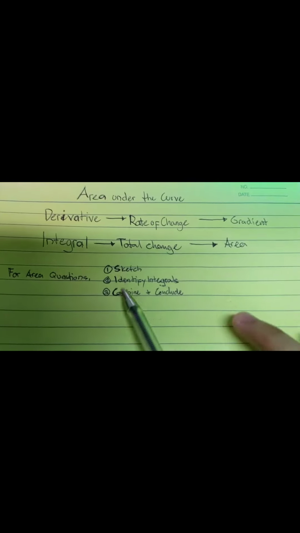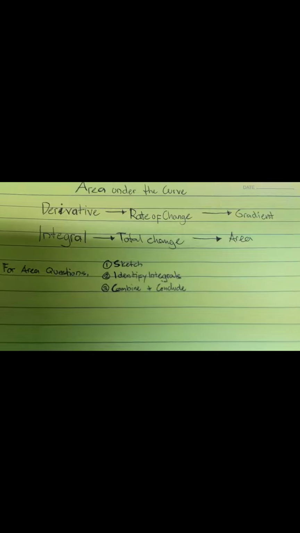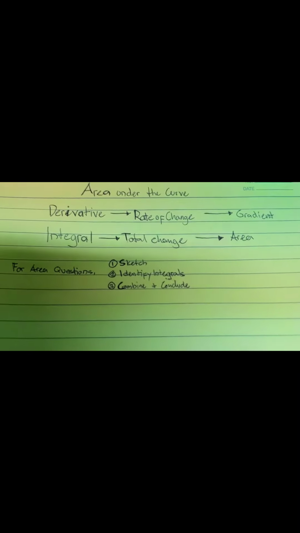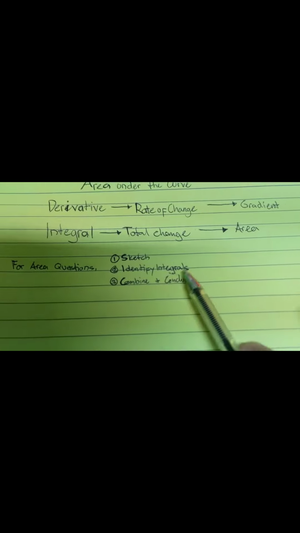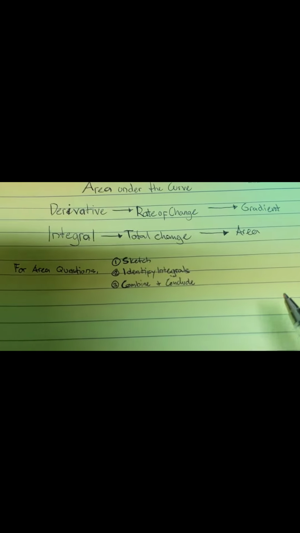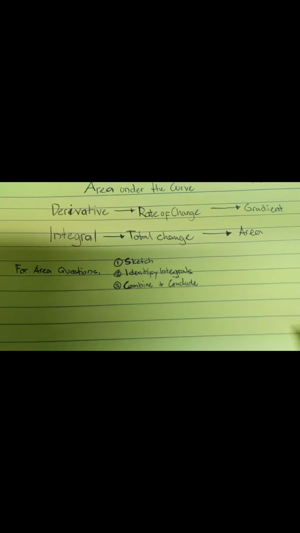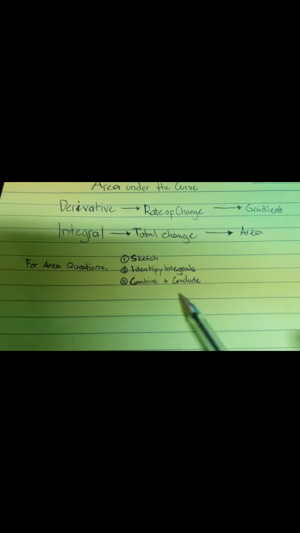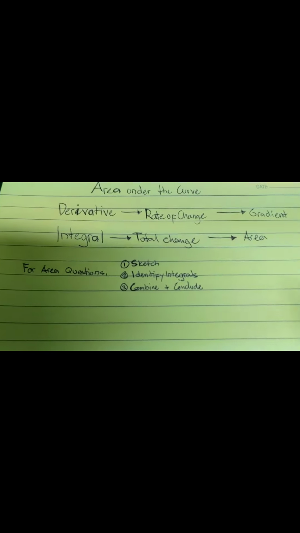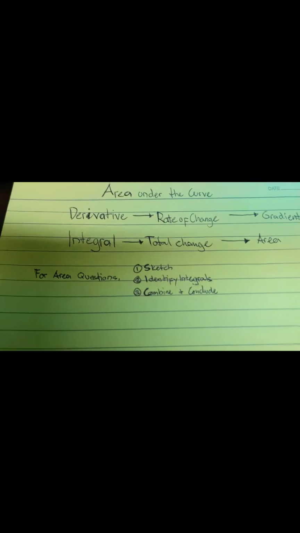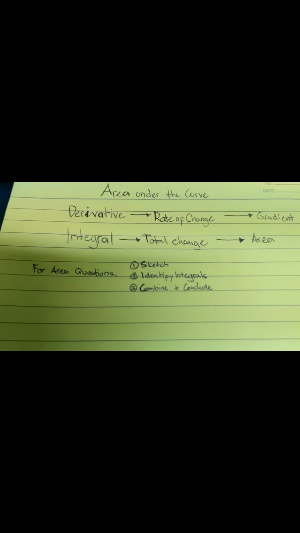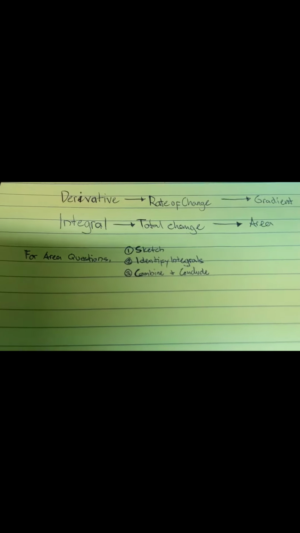This 3-step approach may generally apply to all area questions, but sometimes the question already gives a sketch, so you don't need to sketch, but you need to identify the integrals, combine and conclude. And sometimes you don't need to combine, you just need to conclude. So for area questions, we have the basic sketch, identify integrals, combine, and conclude. We're gonna put this into some problems, so you'll see.